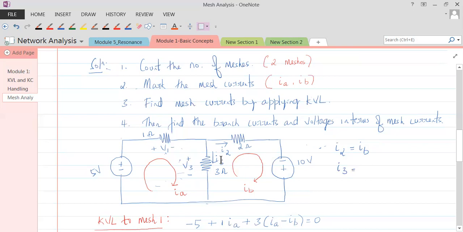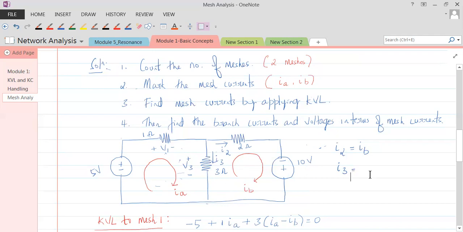Now see here, I3 is flowing downwards through 3 ohms. Which among IA and IB is flowing downwards? See here, IA is moving like this, so IA is moving downwards through 3 ohms. IB is moving upwards through 3 ohms. So which mesh current is moving in the direction of I3? IA is moving in the direction of I3 and IB is moving opposite to the direction of flow of I3.